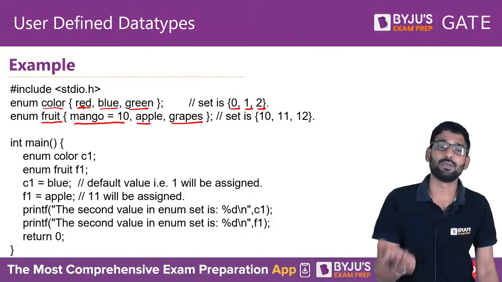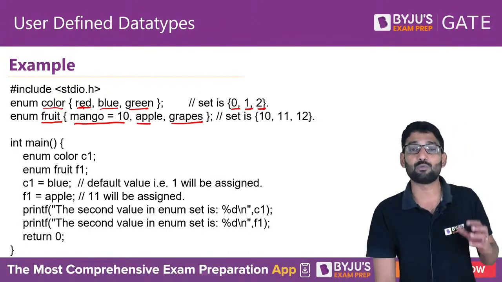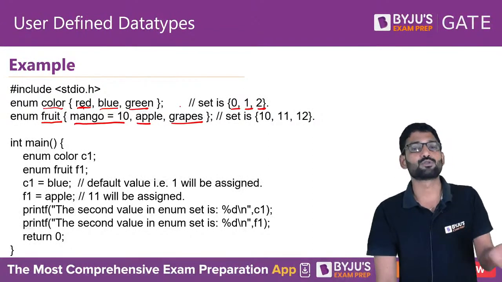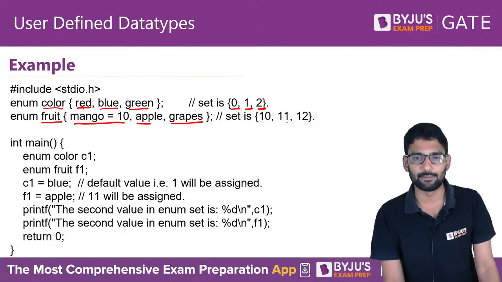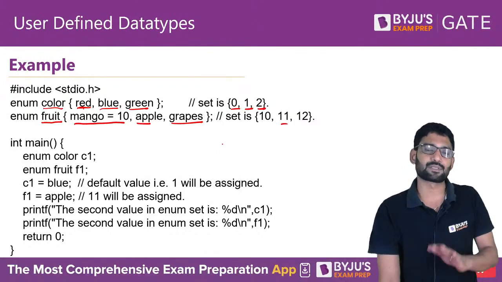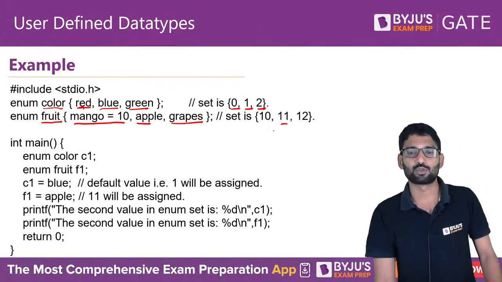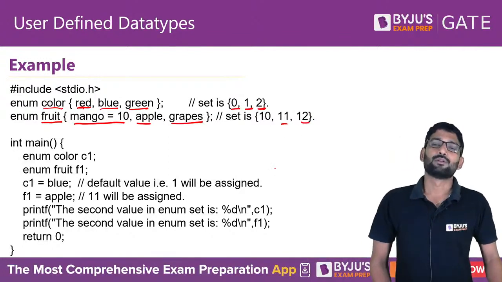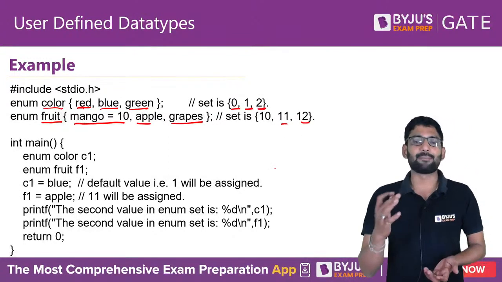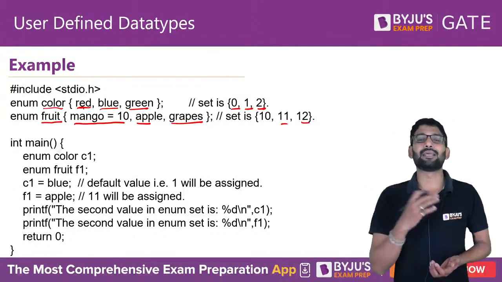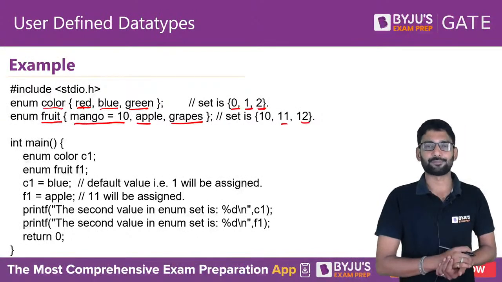Not 0. Its previous variable got what value? 10. So plus 1, so 11. And grapes, its previous variable value 11 plus 1, 12. So mango value would be 10, apple value would be 11, and grapes value would be 12.